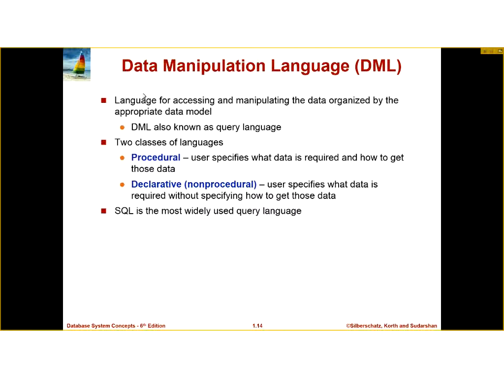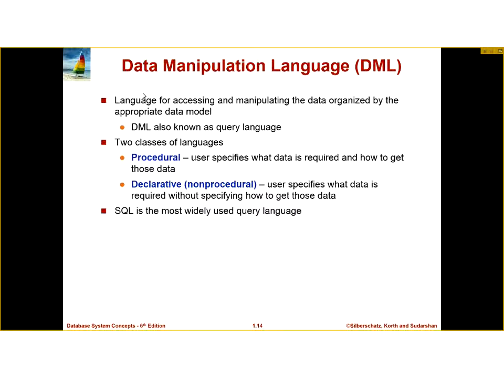There are two classes of query language, procedural and non-procedural. When I say procedural, the user specifies what data is required and how to get that data. So that is a procedural language, used when the user knows the exact details of where data is placed.